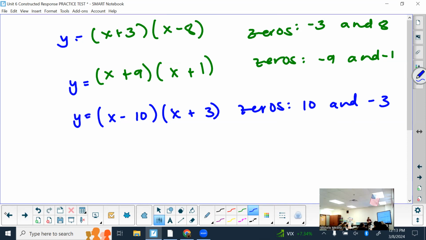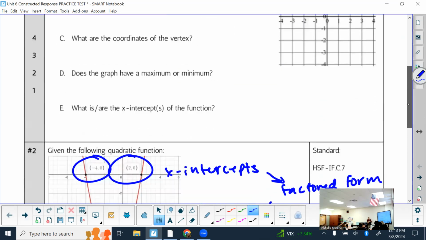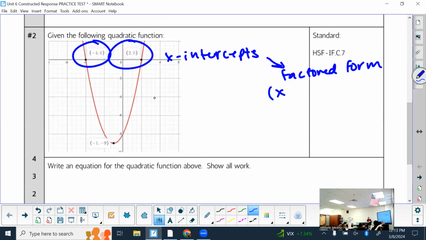It's just now they're giving us the zeros, we need to make the equation. So if these are my zeros, then what would my factored form need to be? That would not give me a 0 at -4 though.